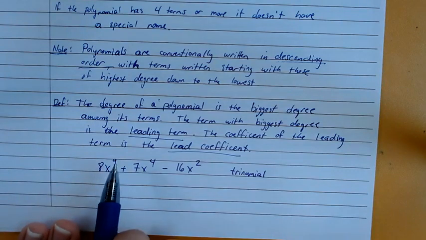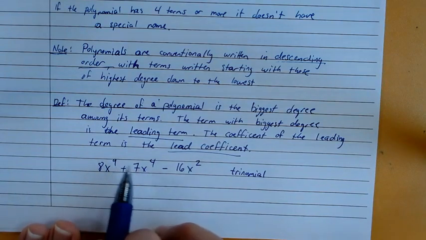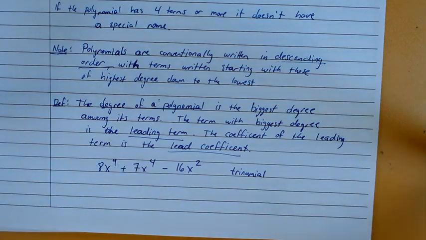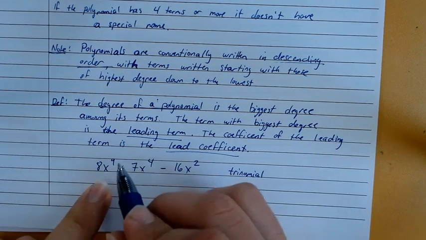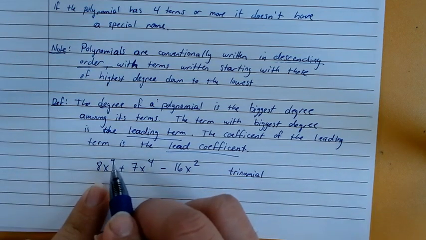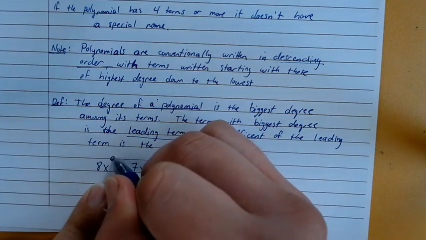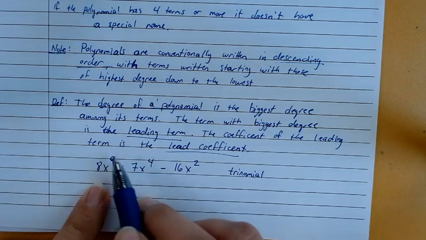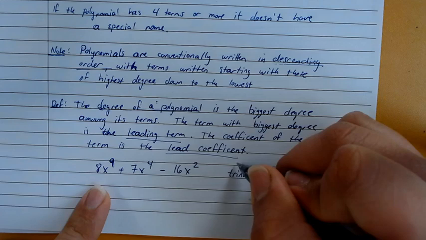It's written in descending order because it starts from the highest power down to the lowest power: 9, 4, 2. Since it's written in descending order, then we know that the degree of the polynomial is this degree in the front. And even if it wasn't in descending order, we would still find it by looking at the biggest degree that we have. So this is a trinomial. Well, more specifically, it's a 9th degree trinomial.